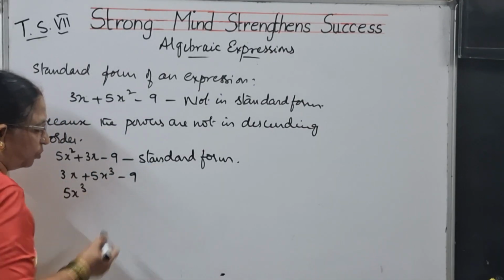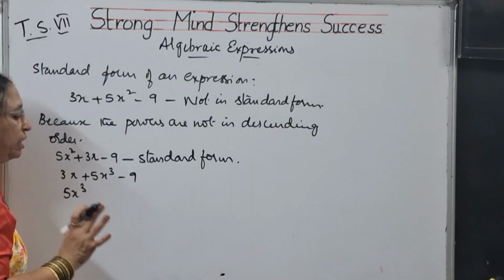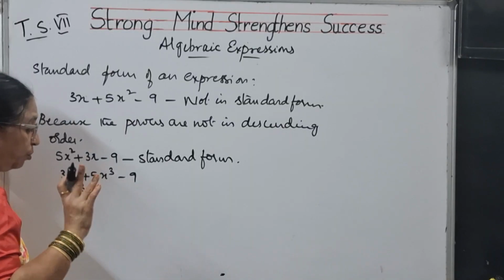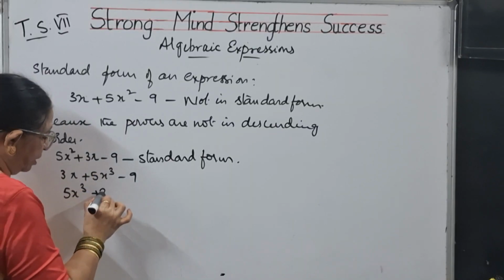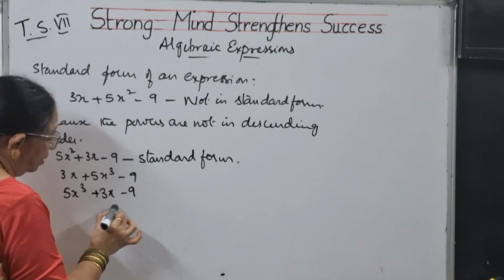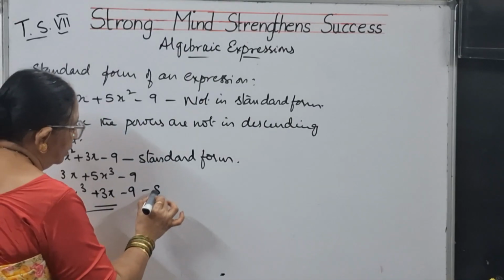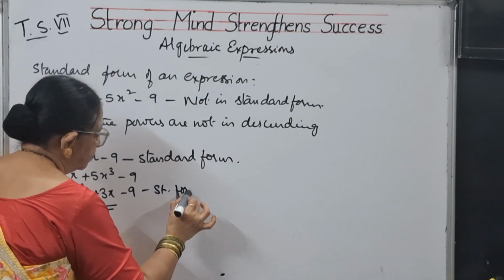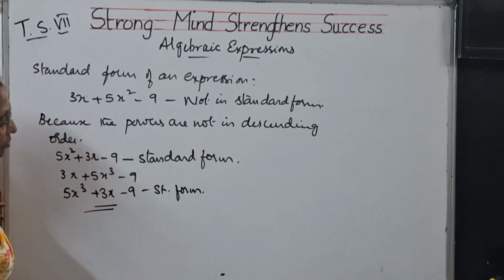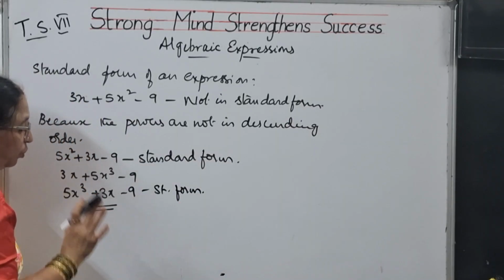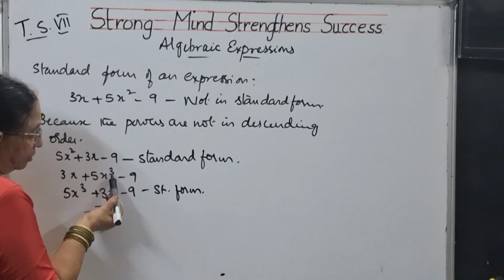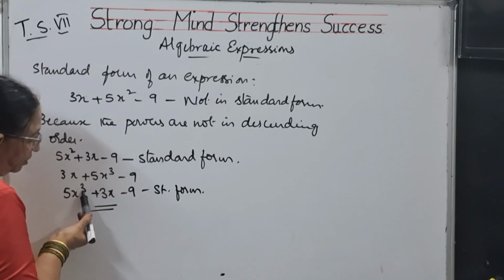Is there any power 2? No. So you don't need to bother. After 2, power 1, it is this plus 3x minus 9. This will be in standard form. Understood, children?